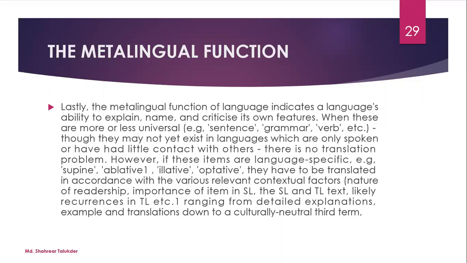However, if these items are language specific, for example, supine or ablative or elative or optative, they have to be translated in accordance with the various relevant contextual factors like the nature of readership, importance of items in source language, the source language and the target language text, likely recurrences of target language text, ranging from detailed explanations, example and translations, down to a culturally neutral third term.